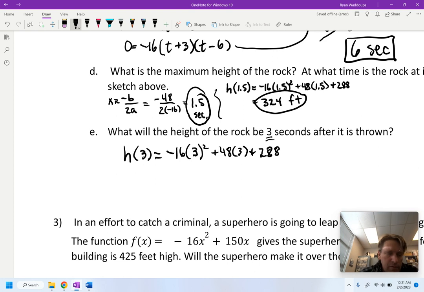Plug that into our calculator, we get negative 16 times 3 squared, remember to square it, plus 48 times 3, and then plus 288. And this comes back at 288. So once again, this is a height, and so it's 288 feet.